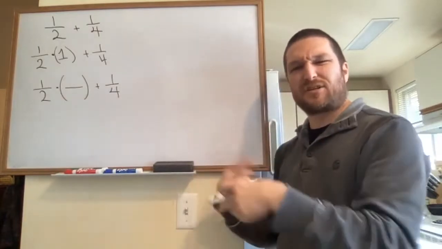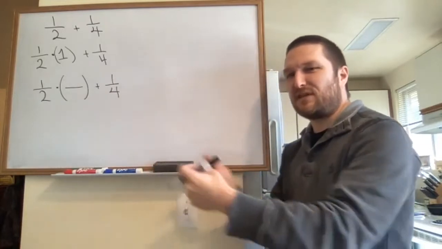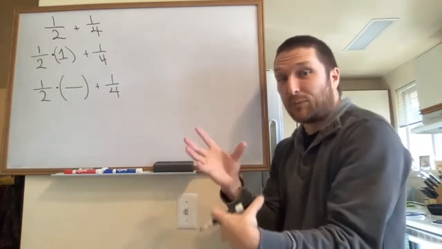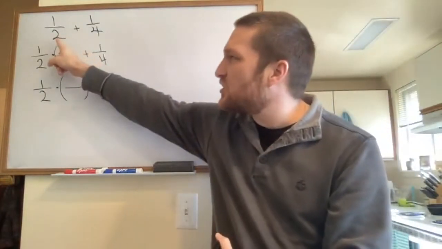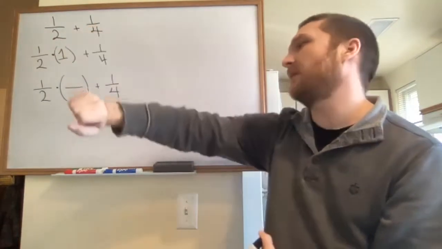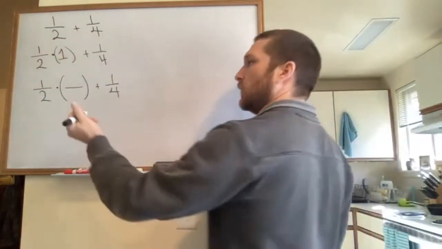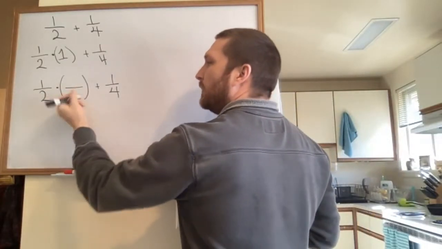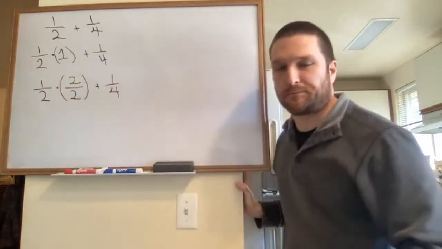Interesting thing. Multiplication came in because that's the thing I wanted to do. And we have this nifty fact that if you divide something by itself, it's actually equal to 1. Right at the very beginning, I said, if I could just multiply this guy by 2, I would have a common denominator. I'm working backwards here, but that's what I need right there. But 1 can be written as 2 divided by 2.